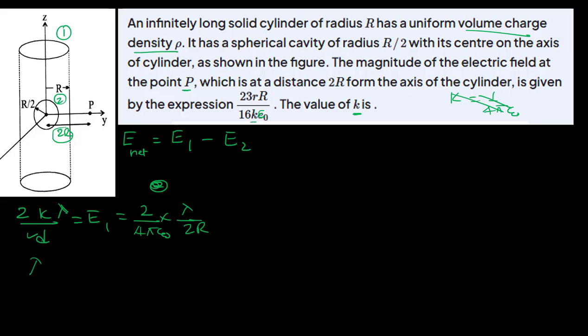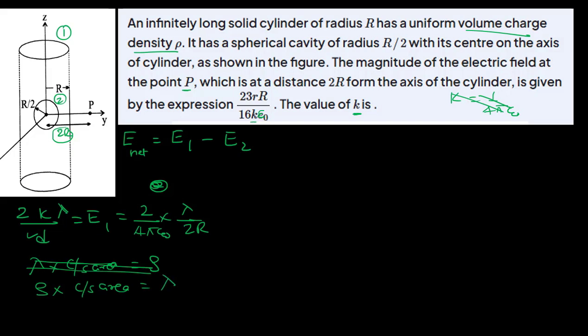So volume charge density into cross sectional area is equal to linear charge density.